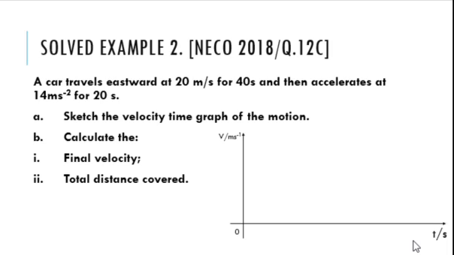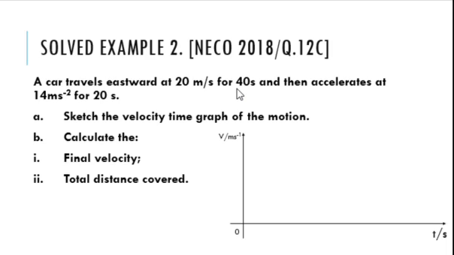So a car starts from, in this case, this body is not starting from rest. If it was starting from rest, we would have started our graph from this point. But the car is starting eastward at 20 meters per second. So let's just pick any point here on this axis to be at 20 meters per second and draw. And then they said it travels uniformly.